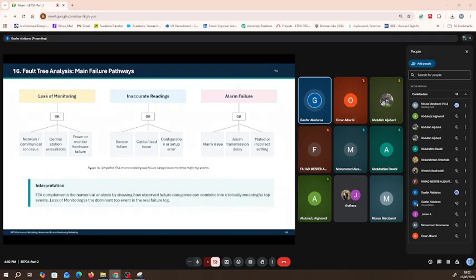For example, for loss of monitoring, the fault tree includes a network or communication issue, central station unavailability, power failure, and monitor hardware failure. These causes can independently lead to monitoring interruption, so they are connected using OR logic. The same approach is used for inaccurate readings and for alarm failure.